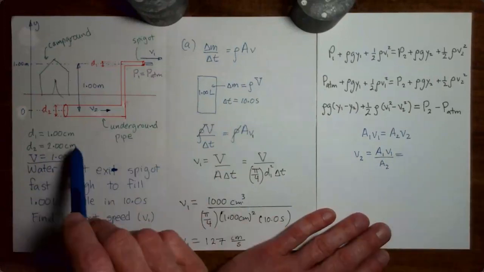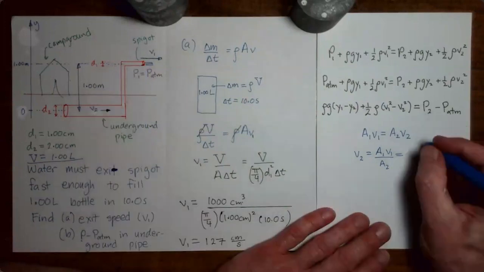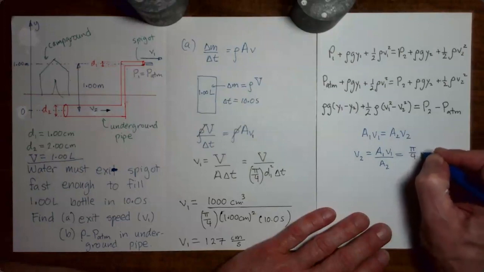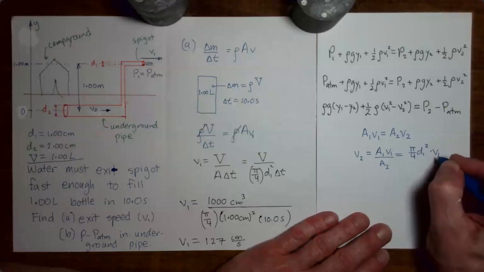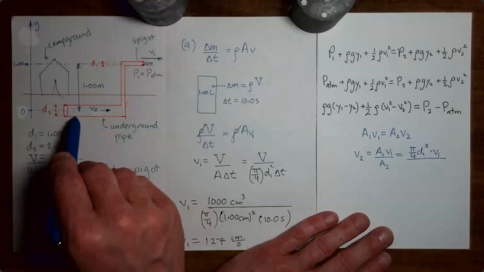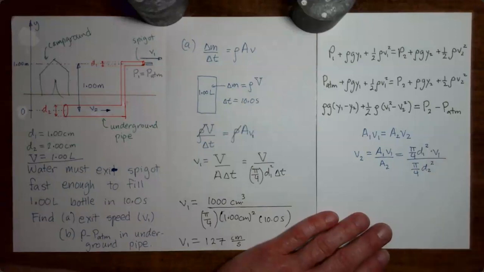Now, A1 would be the cross-sectional area of region 1 in the pipe here. Now, we can express that in terms of the diameter, pi over 4 times diameter 1 squared, and then times V1. A2, that refers to the cross-sectional area of this lower part of the pipe, which is pi over 4 times diameter 2 squared. So cancel the pi over 4s.